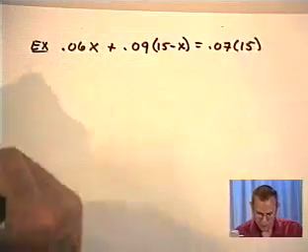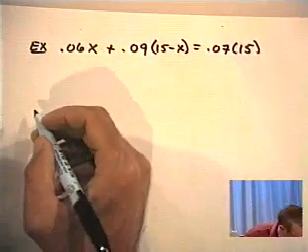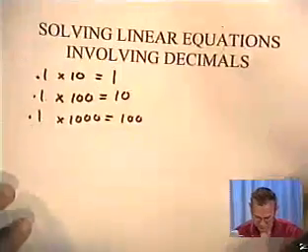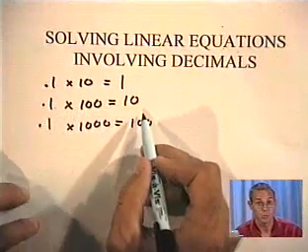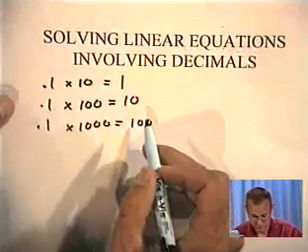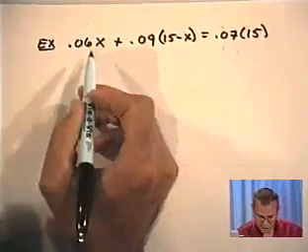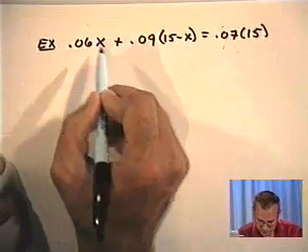Now remember, when I multiplied in our previous example, the way I move these over is to multiply by 100.